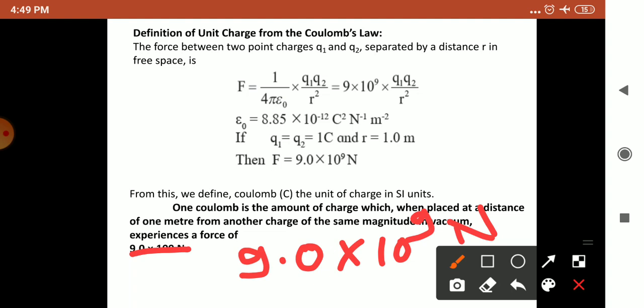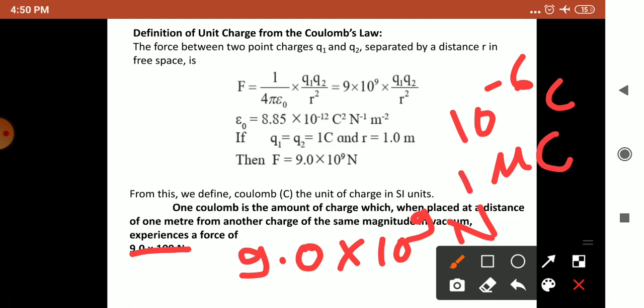For example, a subunit is 10 raised to minus 6 coulomb, that is microcoulomb, 1 microcoulomb.